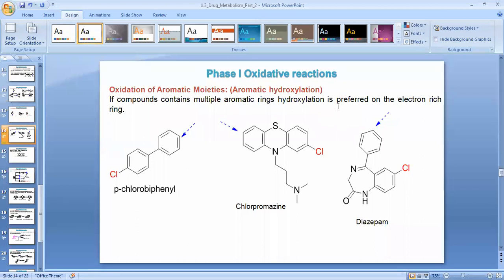Generally, on which ring does hydroxylation take place? The hydroxylation is preferred on which ring? The ring which is rich in electron.